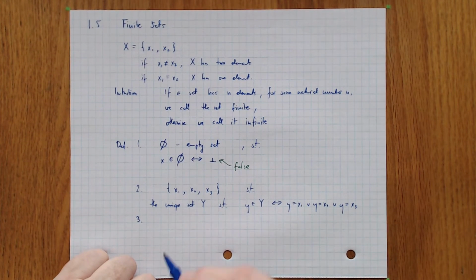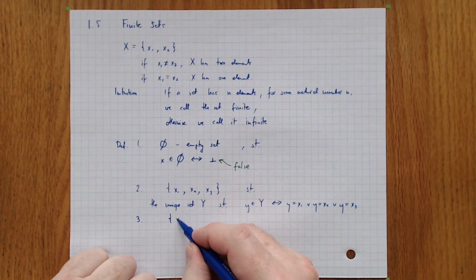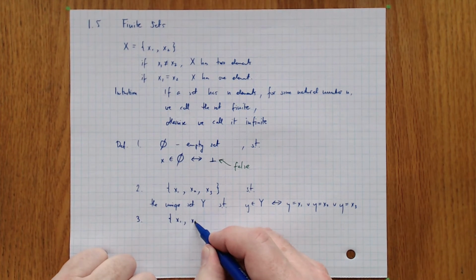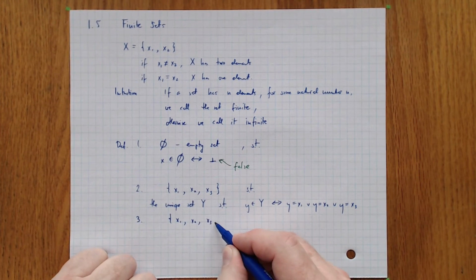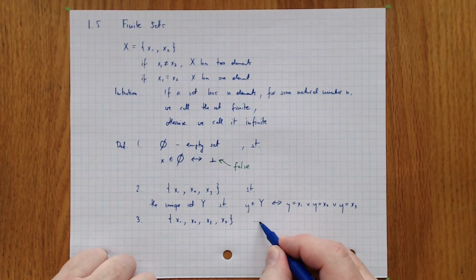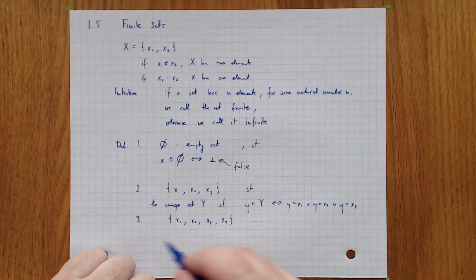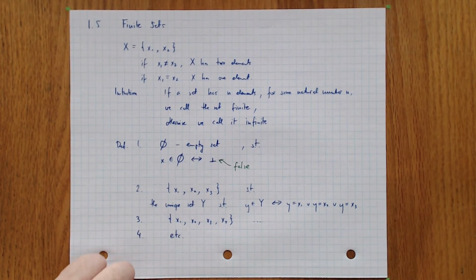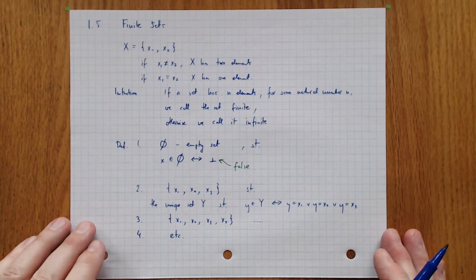In a similar way, we define a set containing x1, x2, x3, x4, and we can also define sets with 5, 6, and more elements. So this is going to be the notation we are going to use for finite sets.